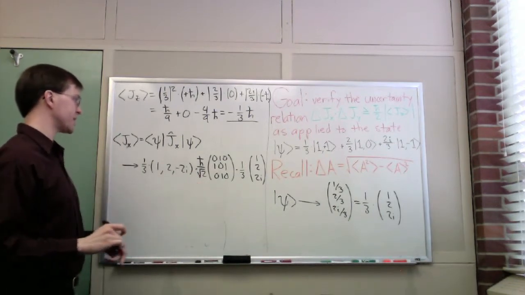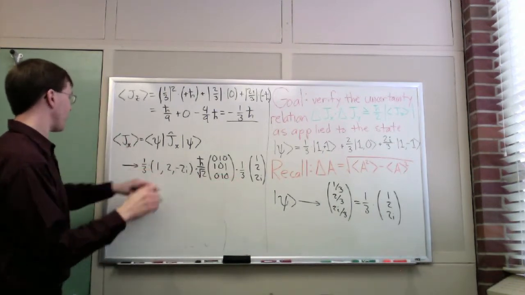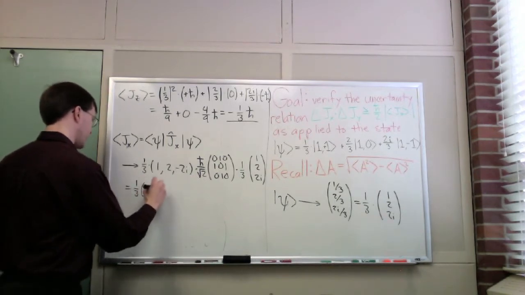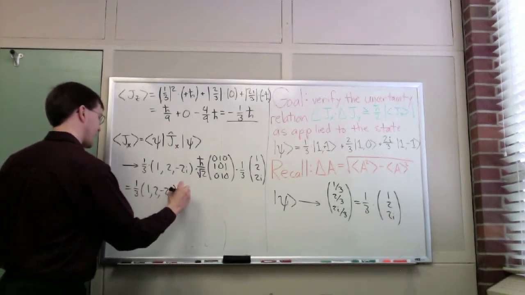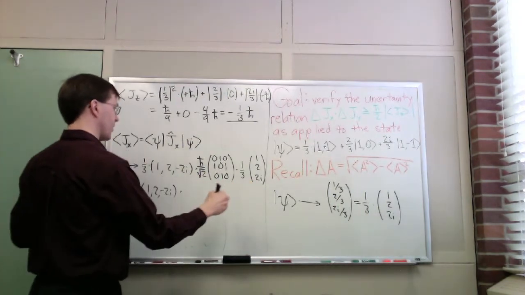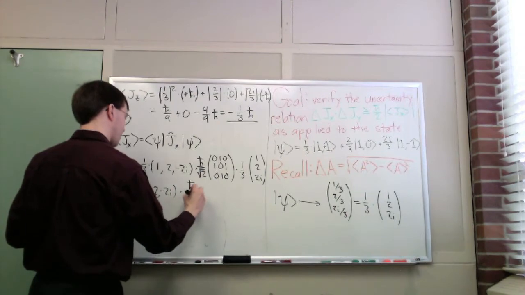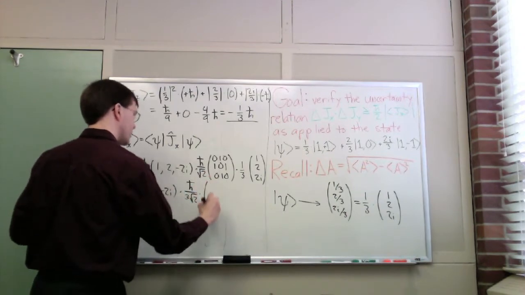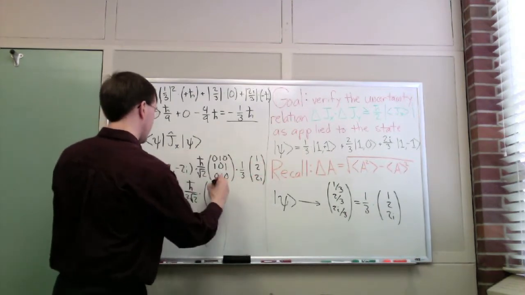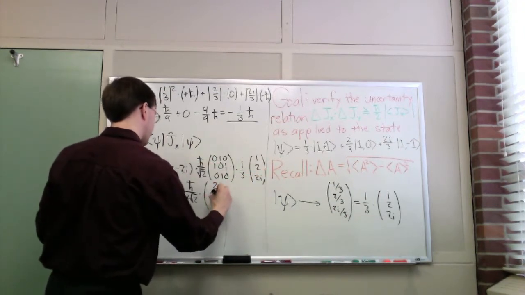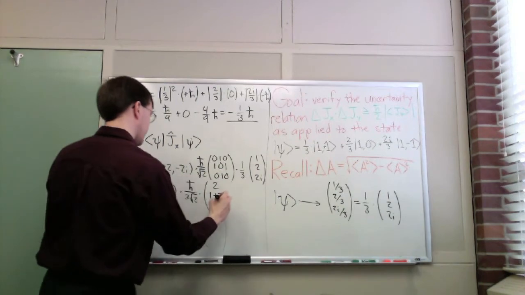I'll do this calculation. That's 1/3, 1, 2, minus 2i times these two things together. I'll get h bar over 3 square root of 2 times, doing this matrix multiplication, 2, 1 plus 2i, 2.